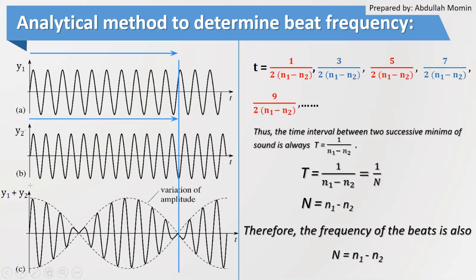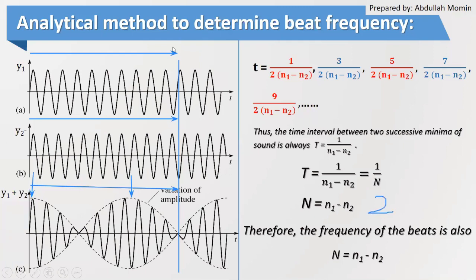And when they superimpose with each other, this is the distance covered by the resultant wave in 1 second. Now how many waxings are we getting? This is your waxing, this maximum amplitude is your waxing. So the number of waxings in 1 second is 2. So we will say that the frequency of waxing is 2.